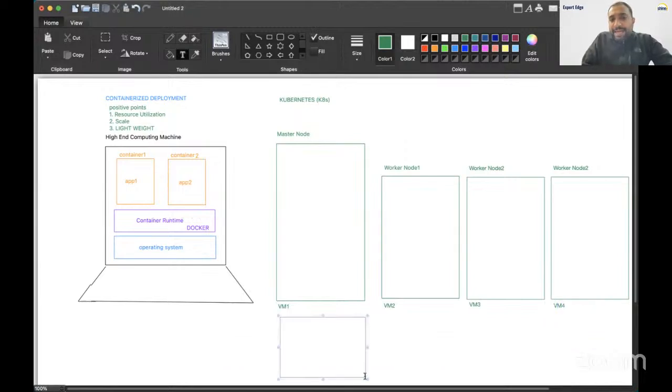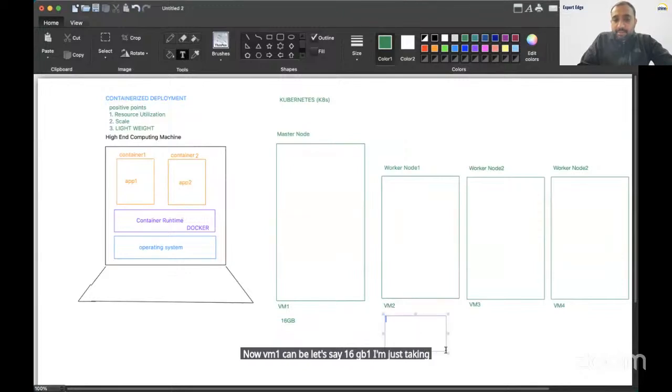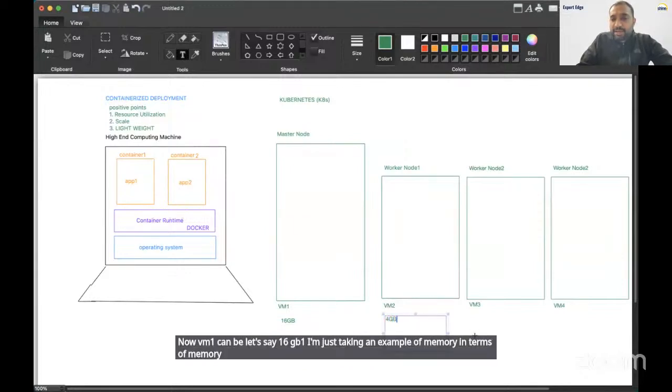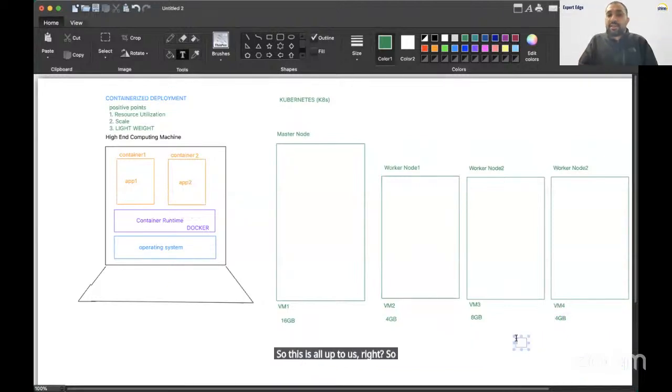Now VM1 can be, let's say, 16 GB. I'm just taking an example in terms of memory, right? This can be a 4 GB guy, this can be an 8 GB guy, this can again be a 4 GB guy. So this is all up to us, how we want this infrastructure to come up.